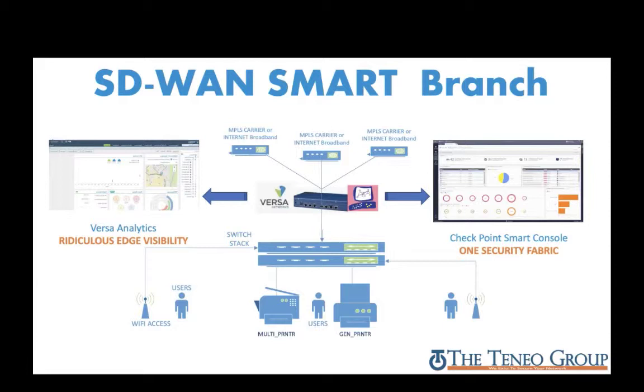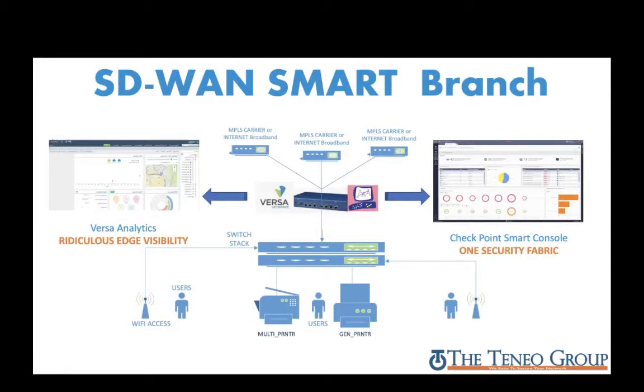So one of the questions just popped in. How can this be cheaper? It seems like we're adding more products in. Are we collapsing the stack, or are we adding more products? In this case, we're collapsing that stack because we're putting the firewall services on top of the Versa appliances, and the Checkpoint piece can come in two flavors. It could be either a VM running on the Versa box in a hypervisor, or it can be the cloud gateway service that Checkpoint now offers.